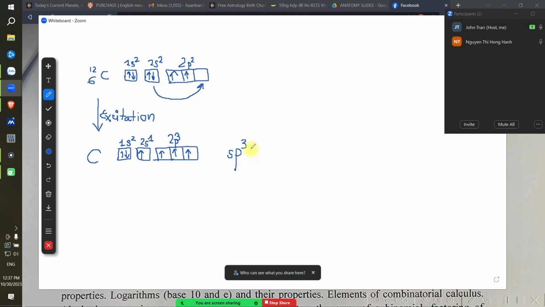S1p3 is sp3. Anyway, it also depends on how many things surround that carbon.